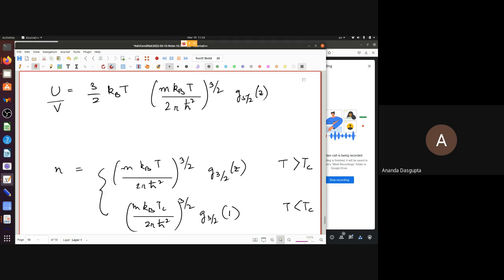But what is the energy of these macroscopic number of particles? The energy in the ground state, how much is that? Quickly, that should be easy. How much is the energy of a boson in its ground state? Epsilon is given by h cross square k square by 2m. What's the lowest possible value of this energy?